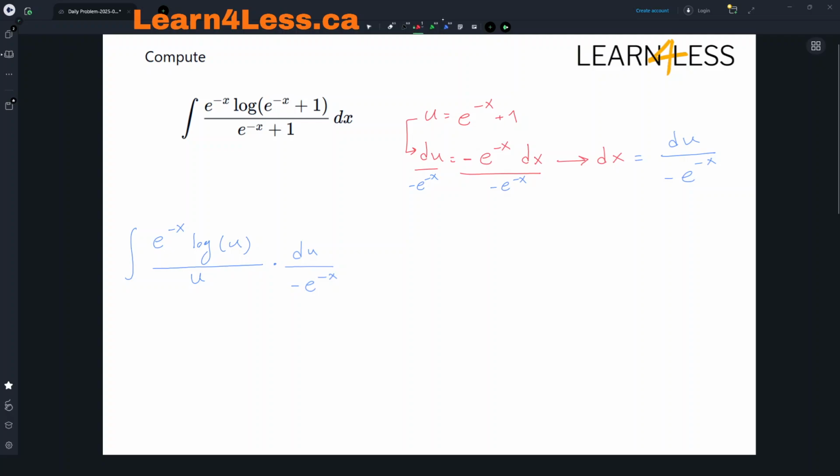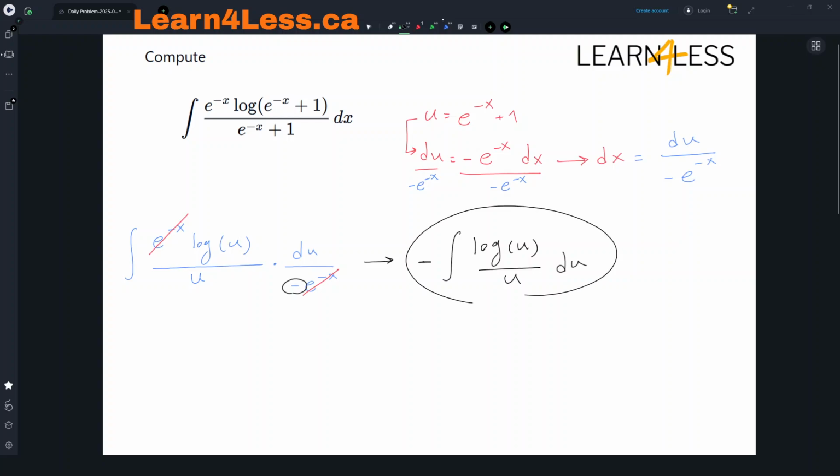The good thing is this e to the negative x and this e to the negative x get cancelled. So now we have a much simpler integral. If I take out this negative sign, I get negative integral of log of u over u du.